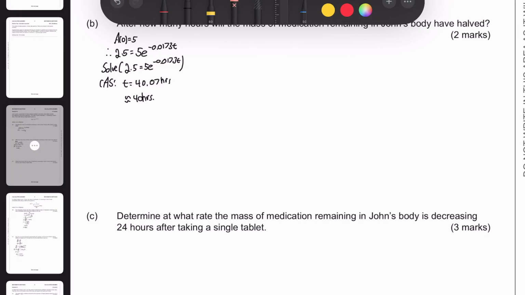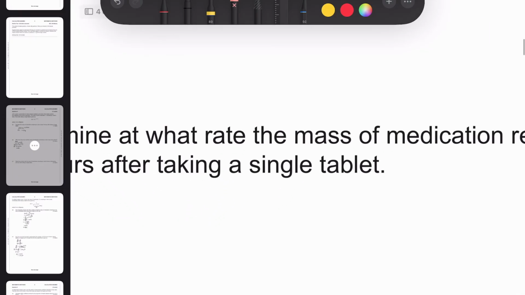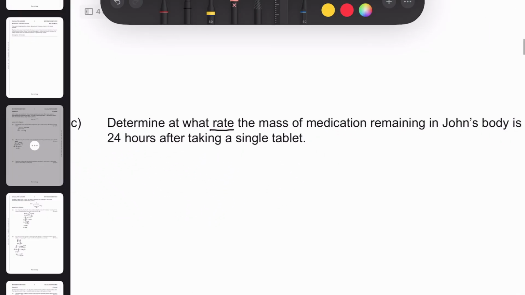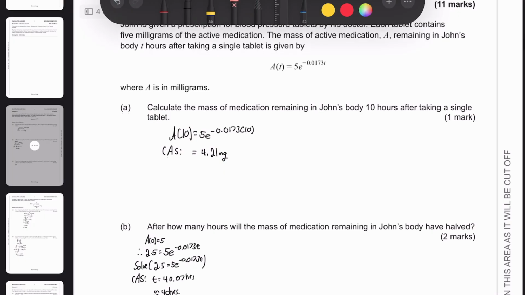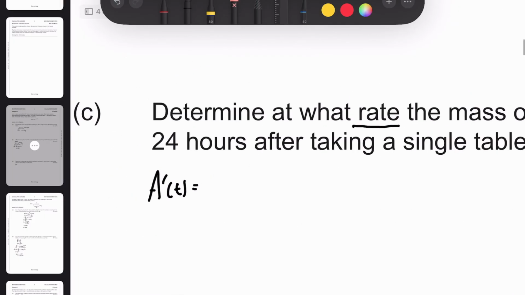The next question: determine at what rate the mass of medication remaining in John's body is decreasing 24 hours after taking a single tablet. So here, since we're talking about an instantaneous rate, we want to find the derivative. So we can find A'(t) is going to be equal to negative.